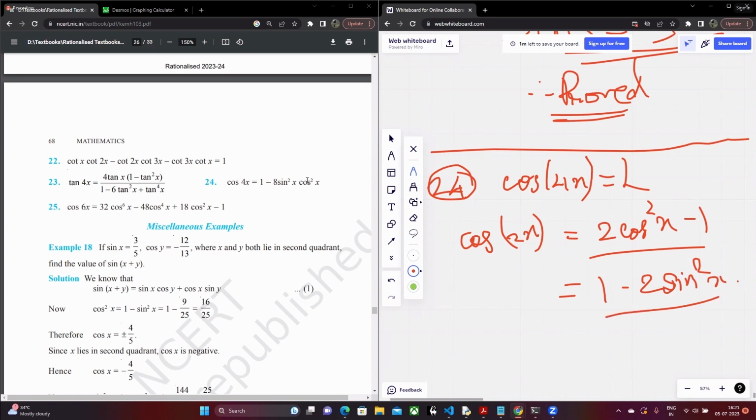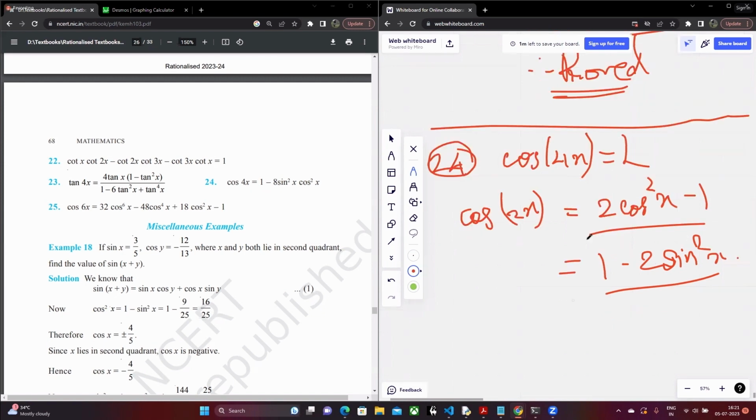The reason I have written both these forms is because you have a sine square x and a cos square x over here. That is why you have to be careful in writing down cos 4x.